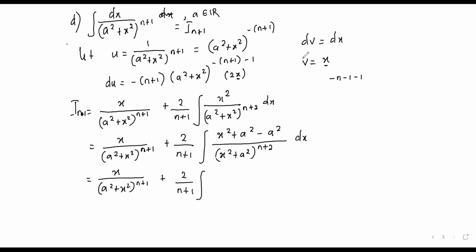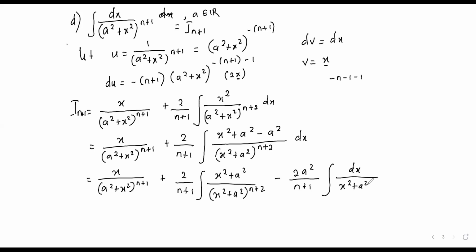Okay. So I want to write this as x squared plus a squared over (x squared plus a squared) to the power n plus 2, and then minus a squared times the integral dx over (x squared plus a squared) to the power n plus 2.